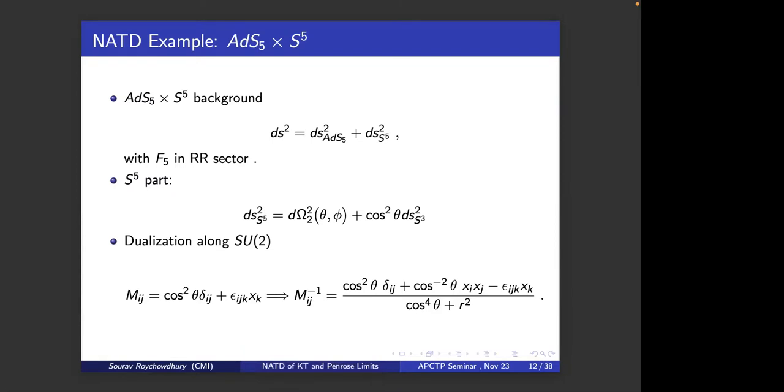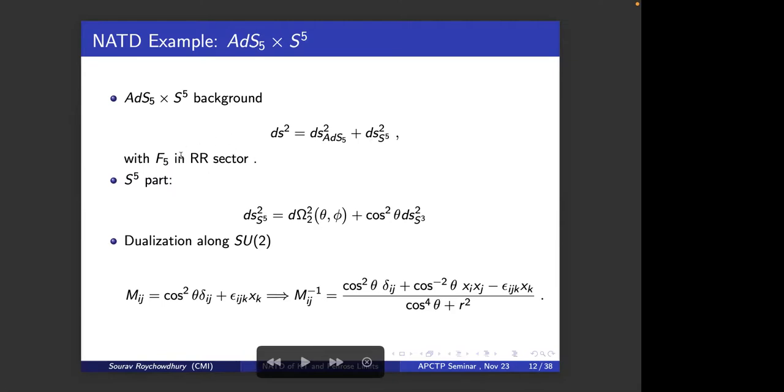So far I have talked about the technical details of how one can construct the T-dual solution from a known supergravity solution, and I talked separately about the NSNS sector as well as the RR sector. Now I will give a brief example. Just consider the famous AdS5 x S5 background, where in the NS sector we have just a metric, which can be written as an AdS5 part together with an S5 part.